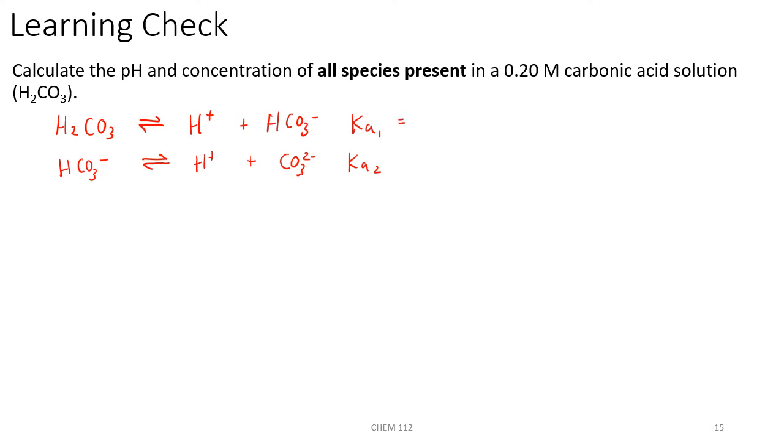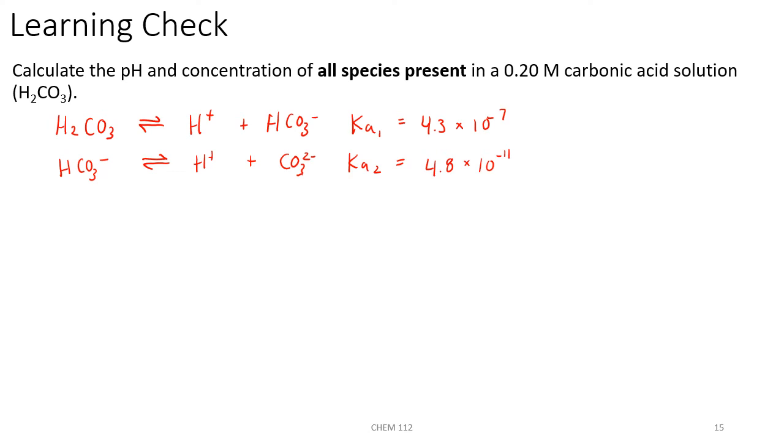Ka1 off of our acid ionization chart for H2CO3 is equal to 4.3 times 10 to the negative 7th power. And Ka2 off of our acid ionization chart for HCO3 minus is equal to 4.8 times 10 to the negative 11th power.